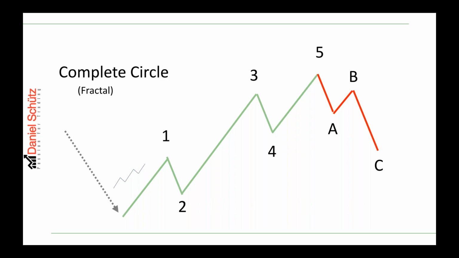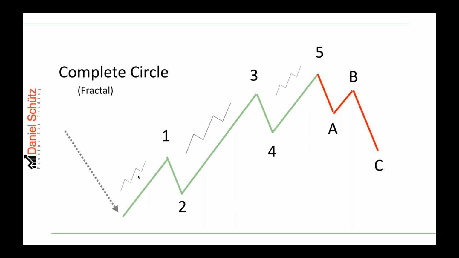Now I try to visualize it. We have the wave 1. And as an impulse wave, wave 1 contains 5 smaller waves. So that's the gray one here. The second impulse wave is wave 3.